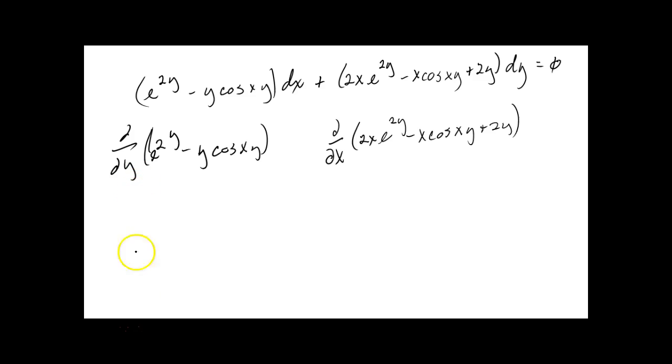So that one's going to be... Actually, I'm not sure how you do that one. If it's with respect to y, wouldn't it just be e to the 2y? e to the 2y, that's a good start.